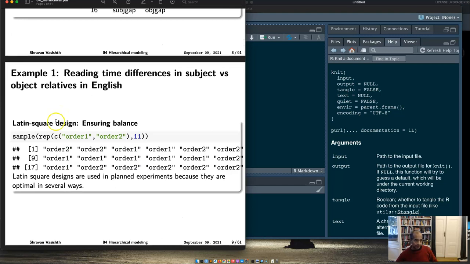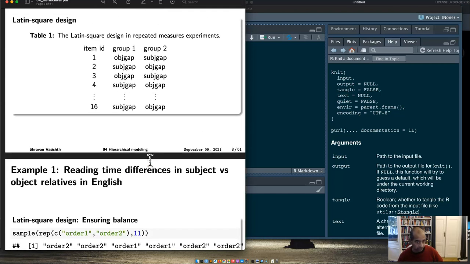So when we set up the experiment, it's very important to make sure that you get random assignment of each subject to each of the groups. So I'm calling them, unfortunately, I'll name this order. I should have called it group.